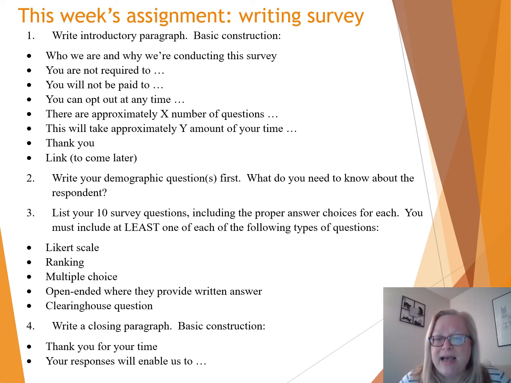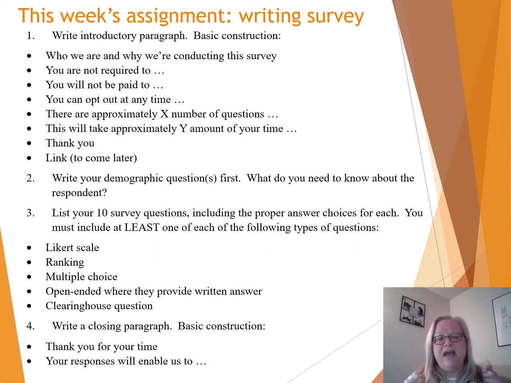You only want to ask the questions that are useful and necessary to the survey. Demographic questions can be things like how old the person is, what grade they're in, what their household income is, what their gender is, things like that, but only ask the ones that you feel are relevant to this survey. Remember, you can also use those demographic questions as filter questions.